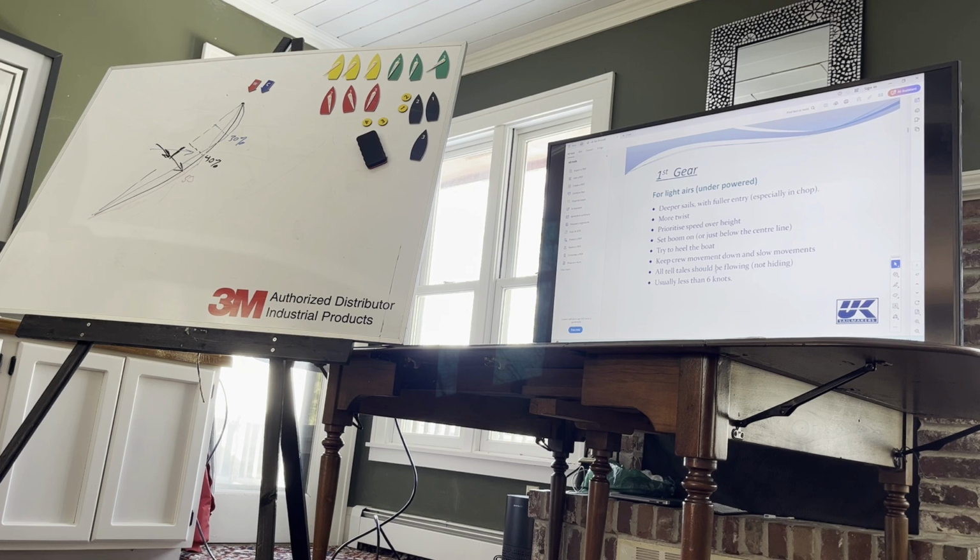Backwards. Move the draft forward for power. Draft aft, you're pushing against the keel. Draft forward, you're pushing forward of the keel. So draft forward gives you power. Draft aft gives you pointing. You good with that?